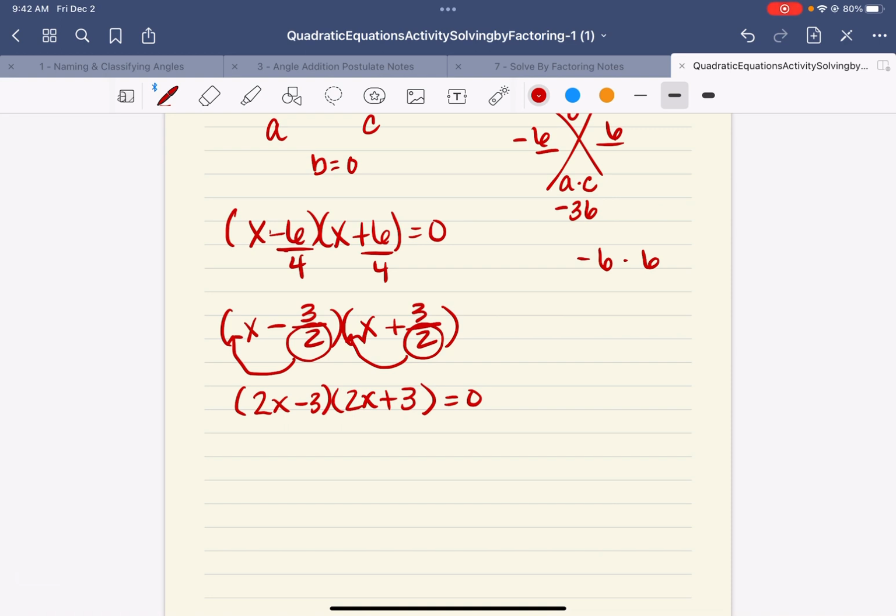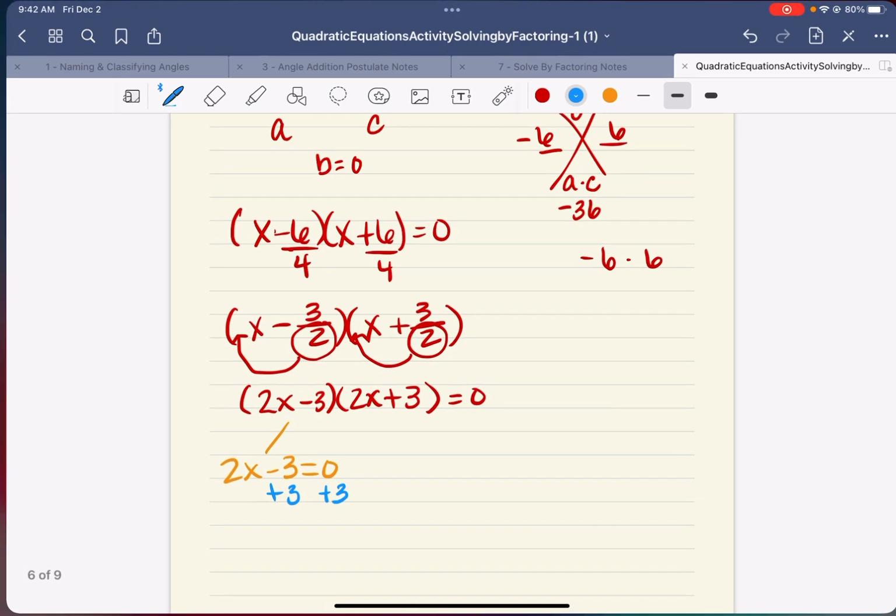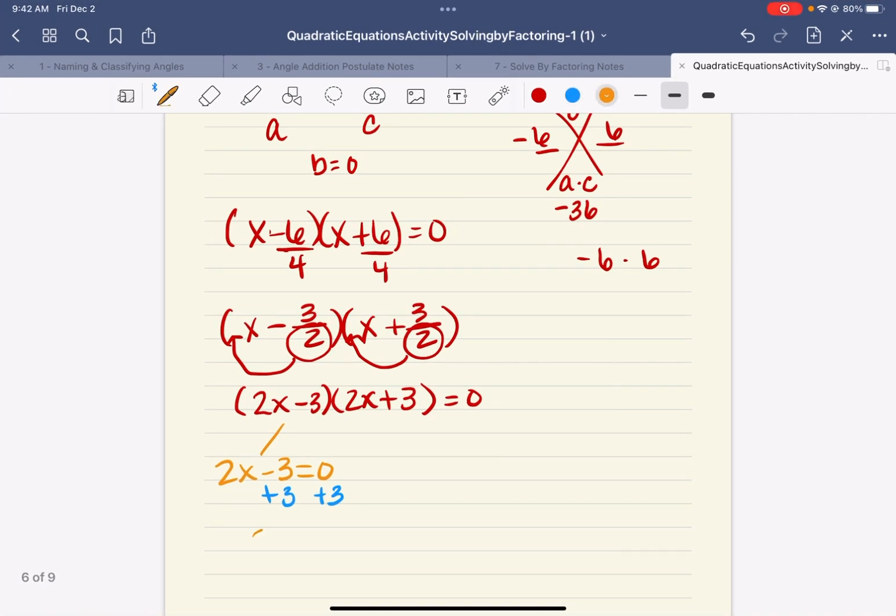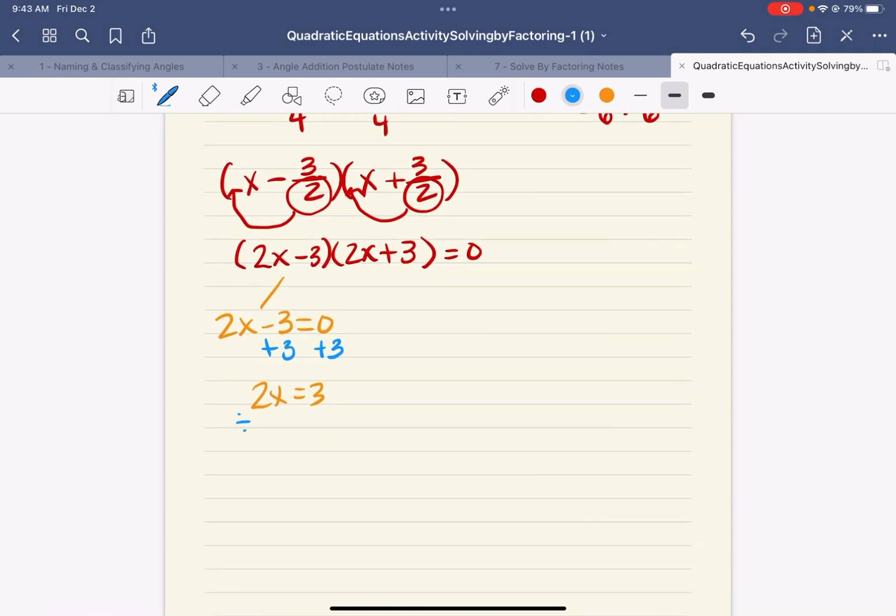Now we have to set each one of those equal to 0. So I'm going to take this one, 2x minus 3, and set it equal to 0, and then solve for x. I'd add 3 on both sides, and I'd end up with 2x equals 3, and then we would divide by 2 on both sides. We would get x equals 3 over 2.